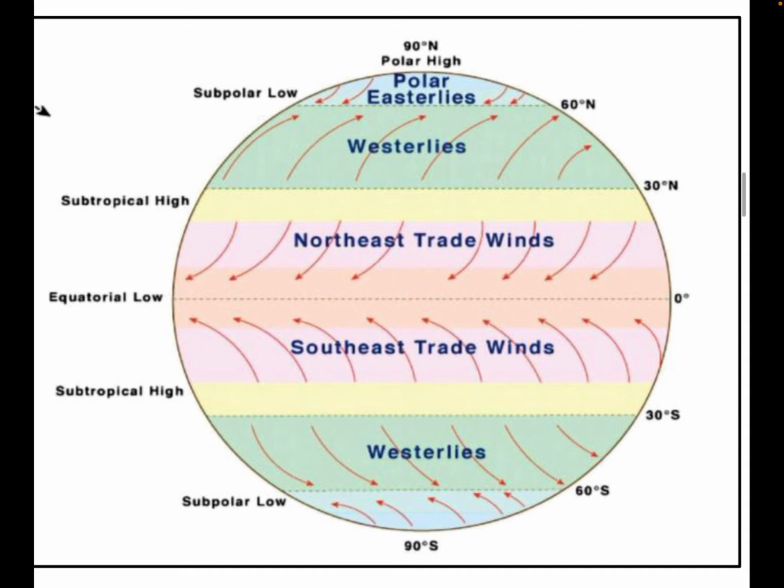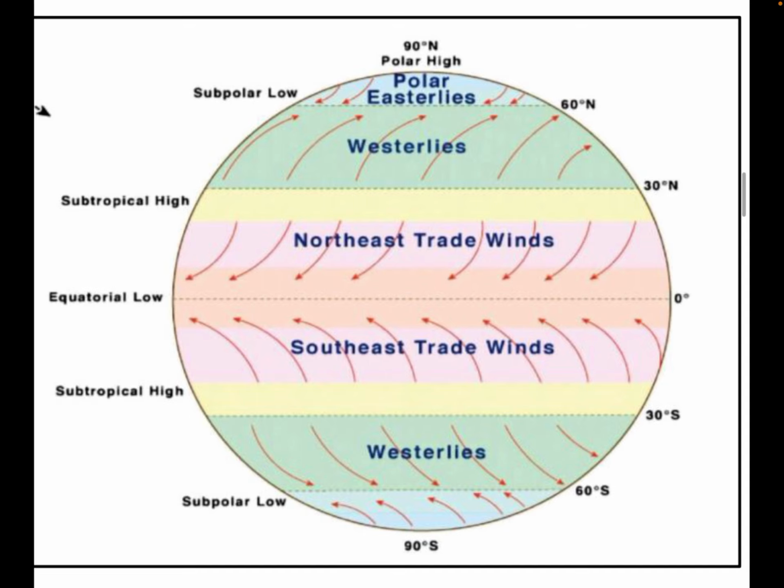First the planetary winds. In this image, we can see northern trade winds, southern trade winds, westerlies, and easterlies. So, what is the significance of planetary winds? If any questions will be asked on planetary winds, like what is the significance of planetary winds?